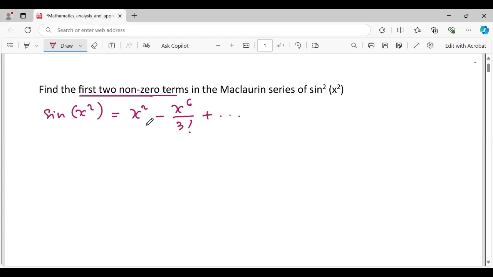These are the first two non-zero terms in the Maclaurin series of sine x squared.